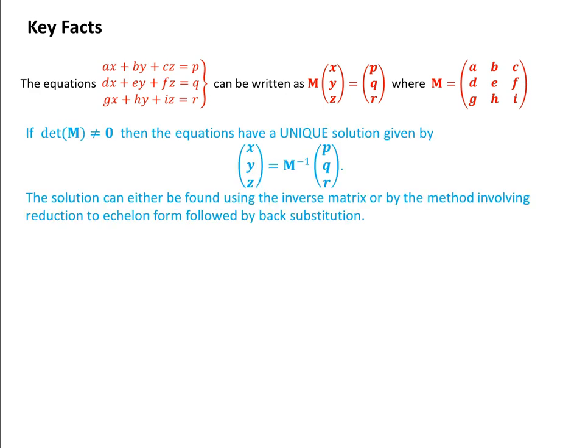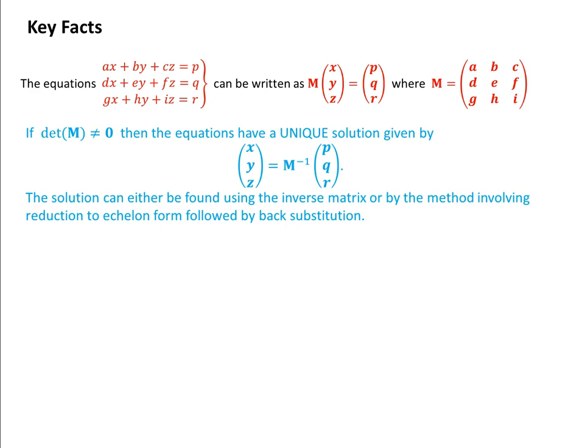Most importantly, if the determinant of this matrix is not equal to 0, then the equations will have a unique solution. And that unique solution is (x, y, z) equals M inverse times (p, q, r).